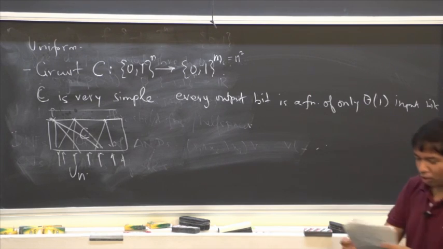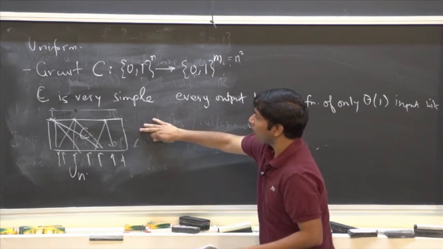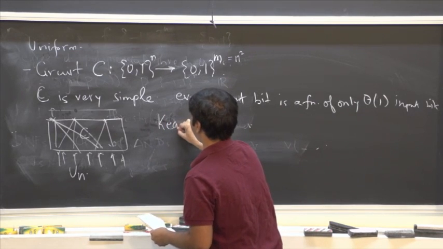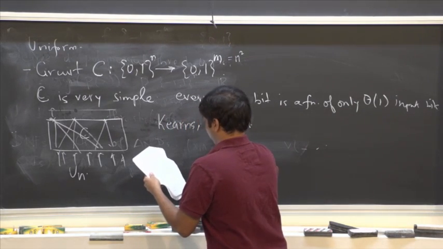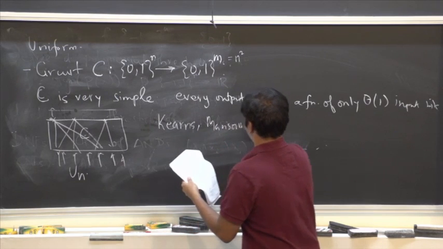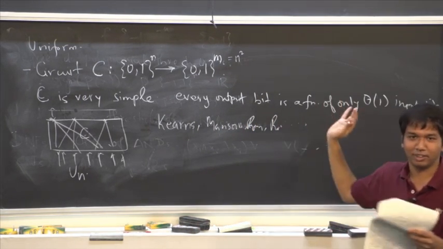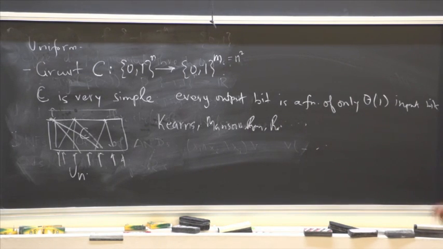Anyway, as Orr said, this kind of a model was considered in a paper from '94 by Kearns, Mansour, Ron, Rubinfeld, Schapire and Sellie. This is a long author list. They gave the same reason for why this class of distributions is very hard to learn.